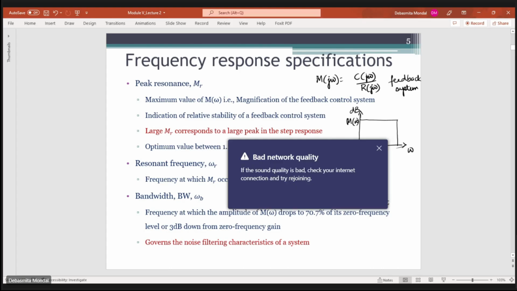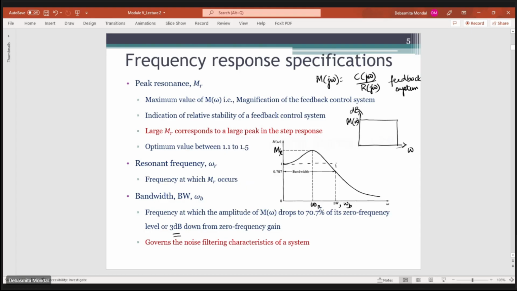And 0.707, if you take 20 log, is equal to -3 dB. So in the log magnitude scale, the frequency at which the log magnitude curve falls 3 dB below the zero frequency gain is known as the bandwidth of a system.